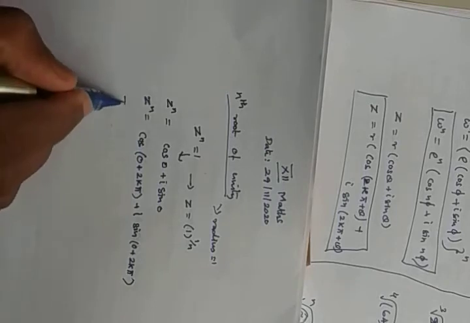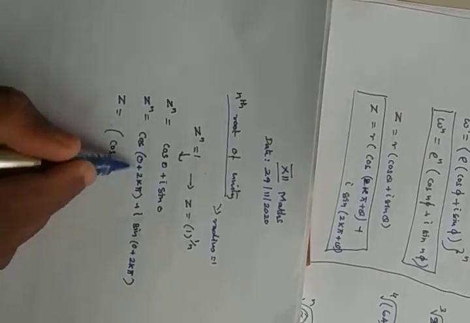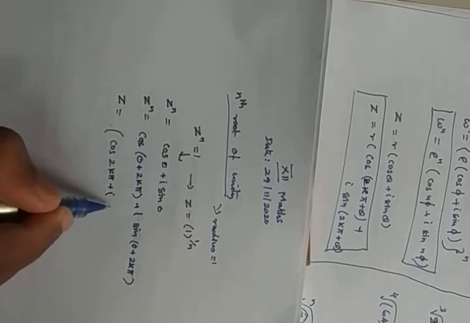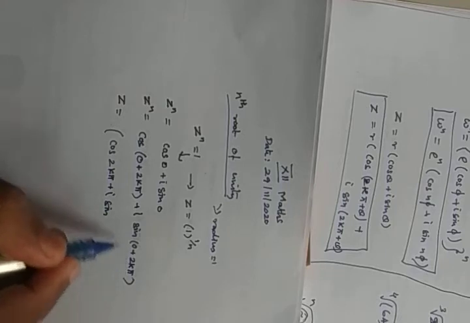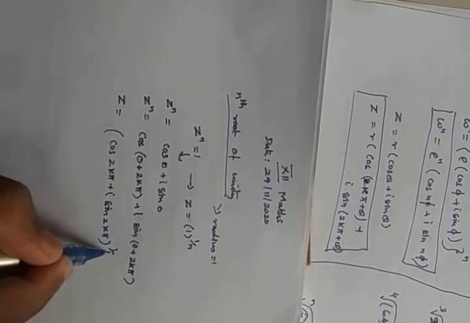So this is the form of writing z power n. If I shift this n to that side, z equals cos(0 plus 2k pi) plus i sin(0 plus 2k pi), all raised to the power 1 by n.